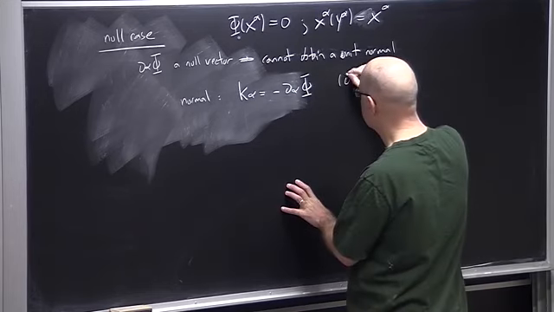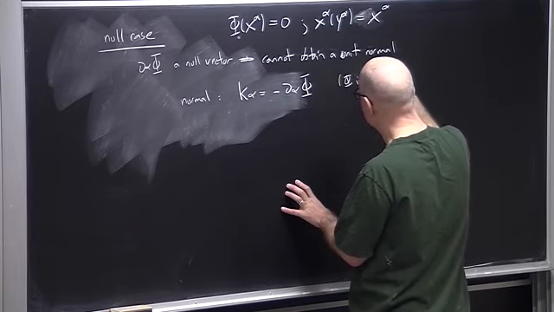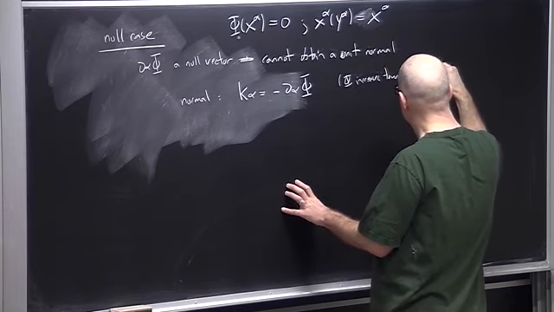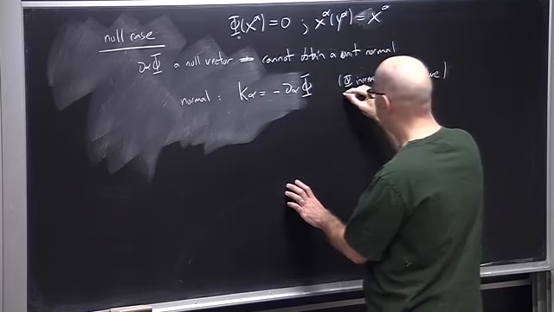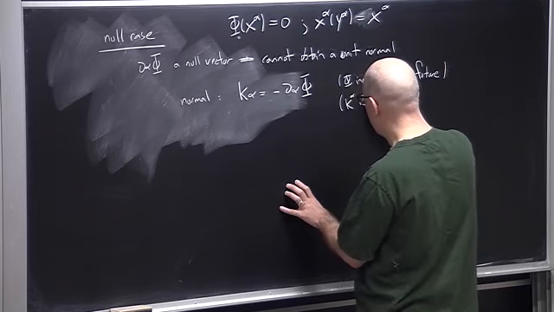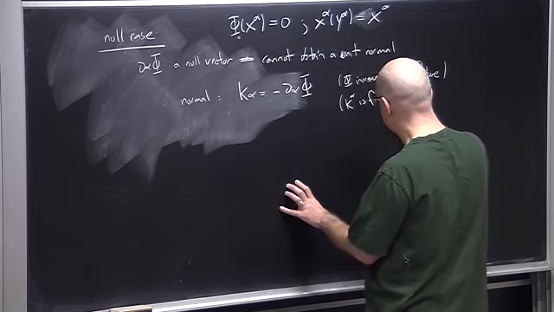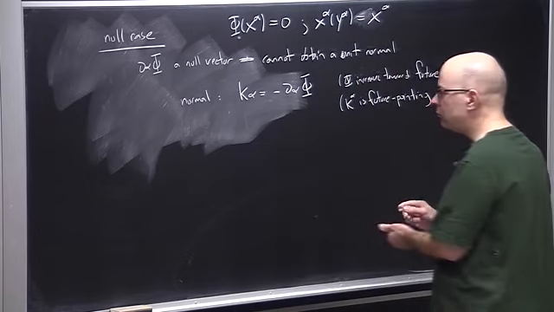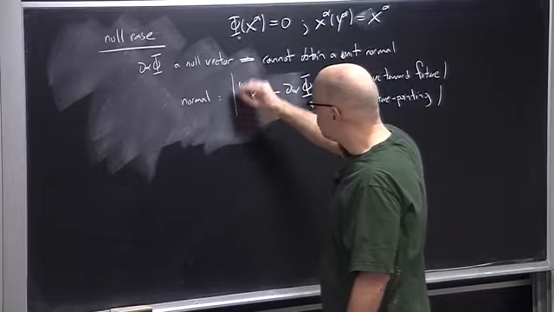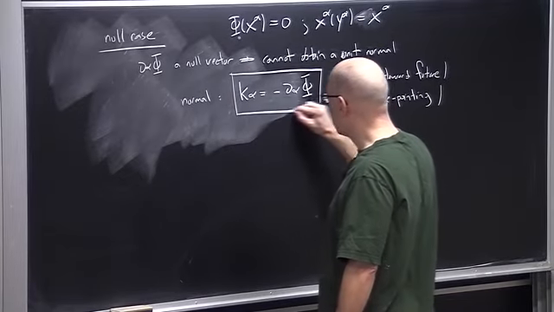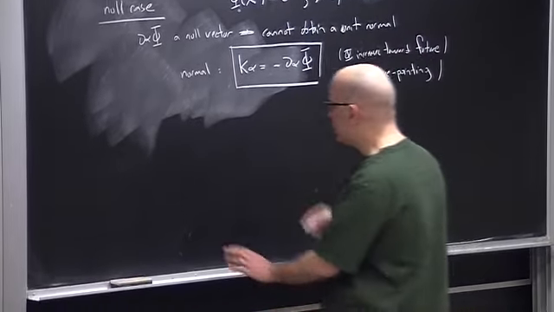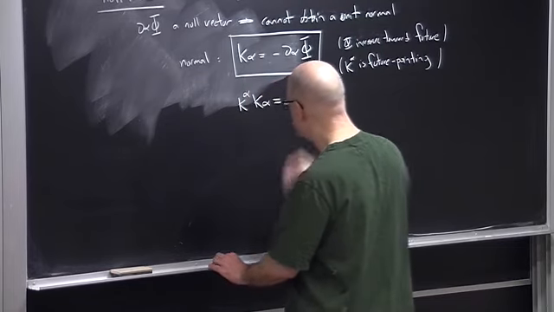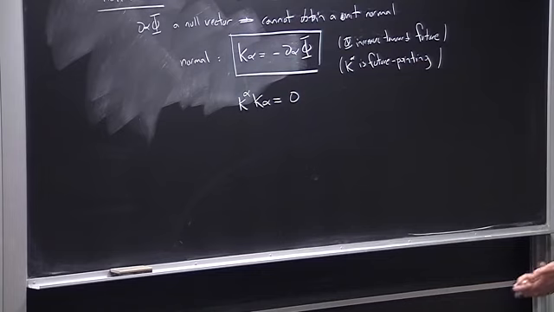So phi increases toward the future. And k, therefore, is future pointing. So that fixes the normalization, and of course we still have the statement that k is a null vector.